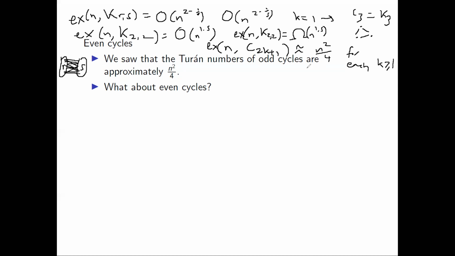And the reason why I'm talking about K_{2,2} is because K_{2,2}, we saw in the last video, and we've seen this before, it's the same as the cycle C4. So K_{2,2}, this complete bipartite graph with parts of size 2, we can also draw it like this.